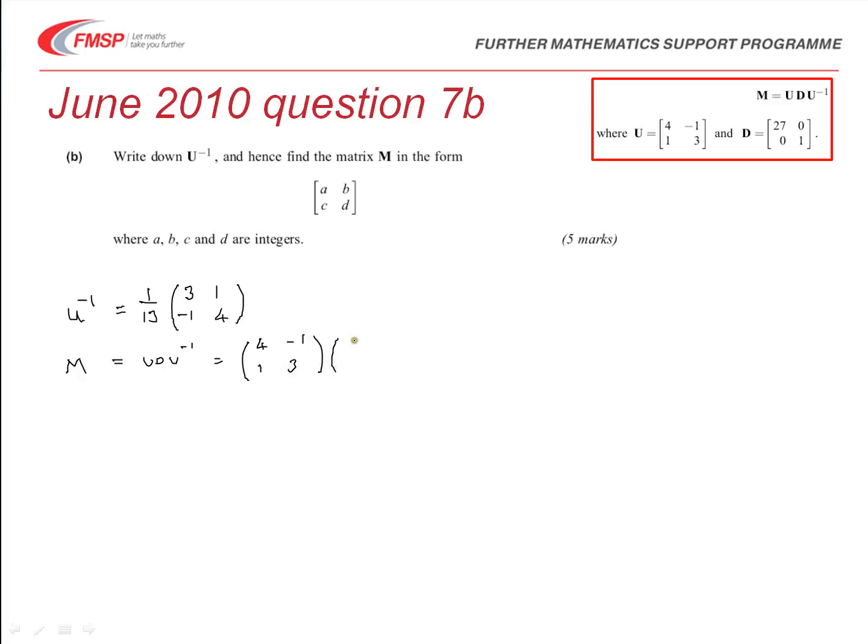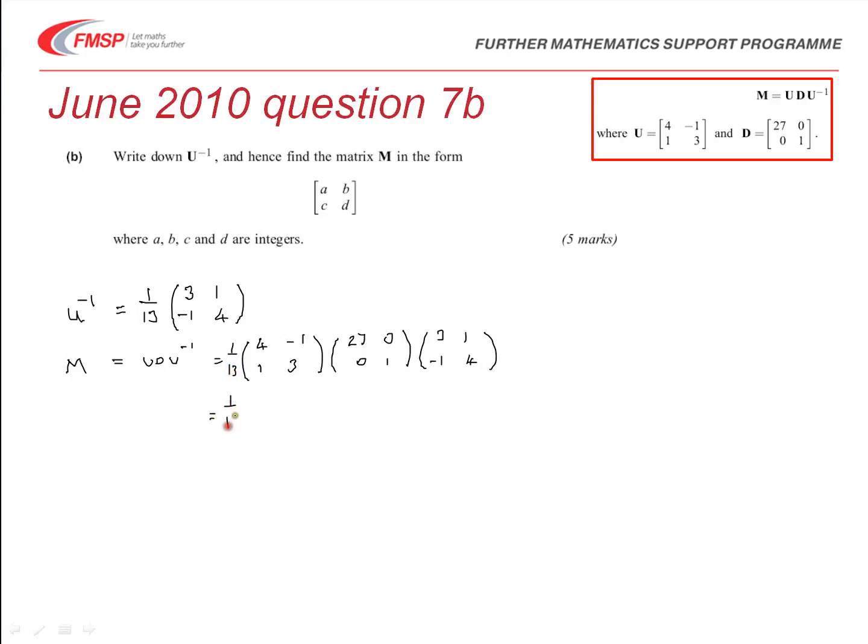D is the matrix (27, 0; 0, 1). And then U to the minus 1 is (3, -1; 1, 4), and it's a 13th of that, so we'll put the 13th out the front of the whole calculation.